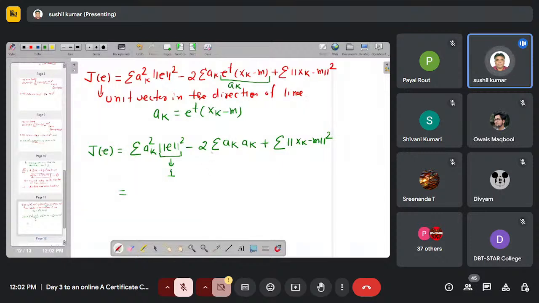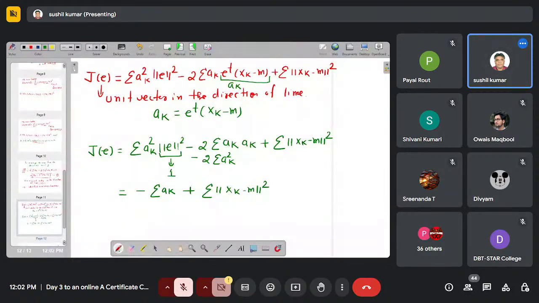Minus 2 a_k square. So minus a_k square, because this minus 2 and this a_k square, it is converted to 1, and plus (x_k minus m) whole square. Okay, correct? So this calculation is okay here.